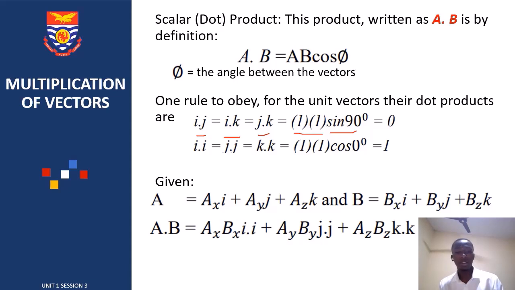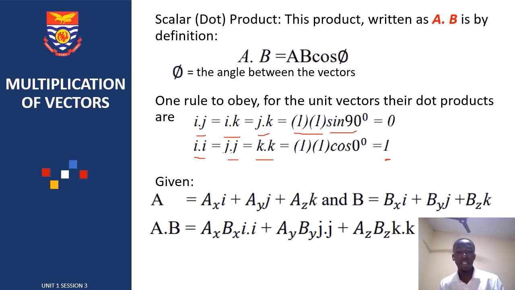On the other hand, in case two of the same directions are multiplying, so we have a unit vector in direction i multiplying i, j multiplying j, k multiplying k, we get 1. And this law, you have to take very good note of it because that is what you'll be using throughout.